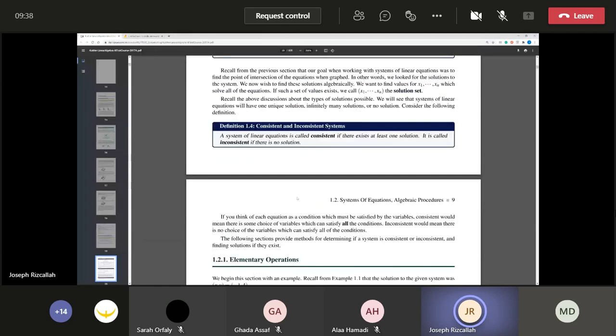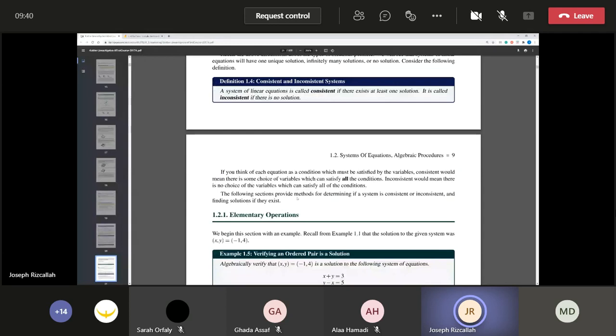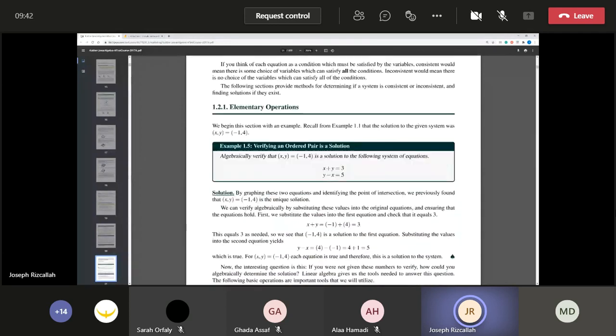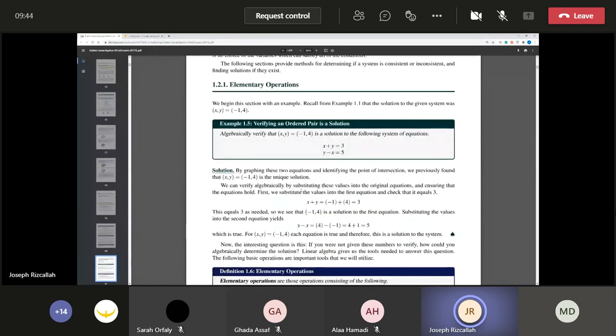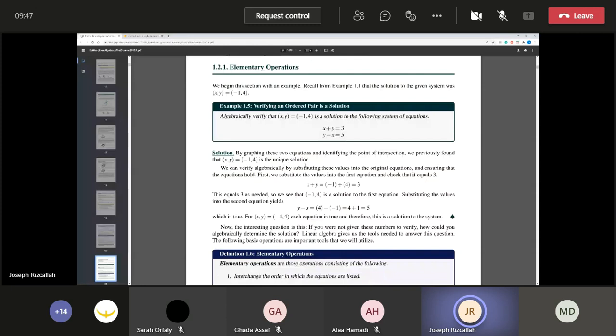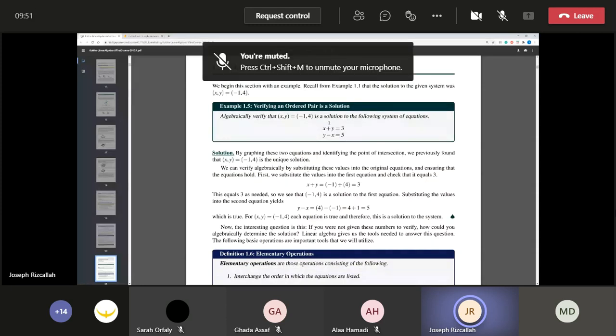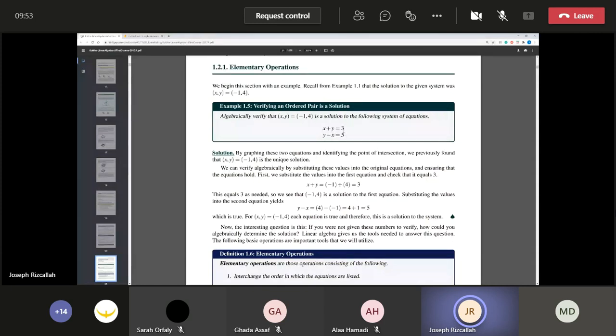Okay. And now we come to, in fact, we started this last time, I remember. So what do we do now to solve a system of equations? We have considered the interpretation of this system in terms of lines in the plane.